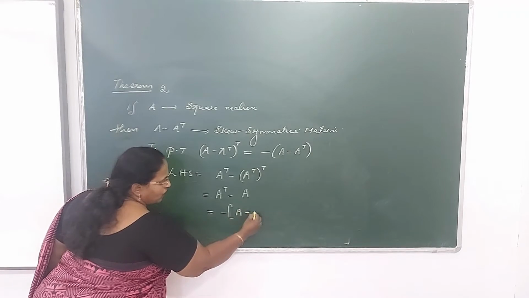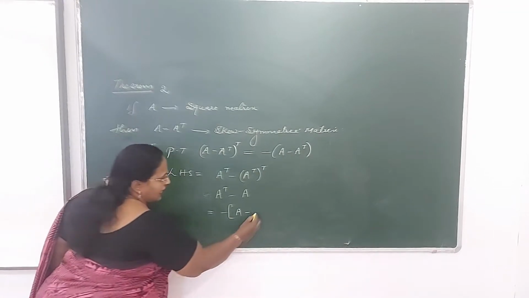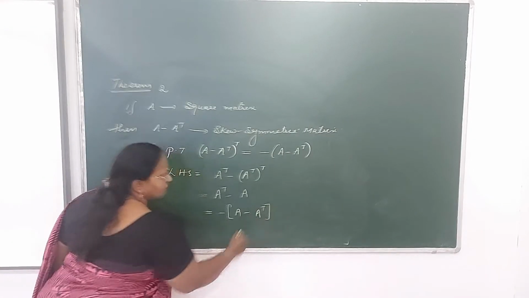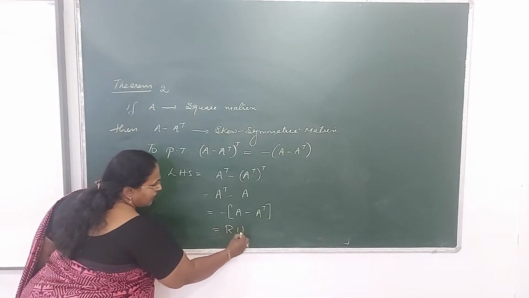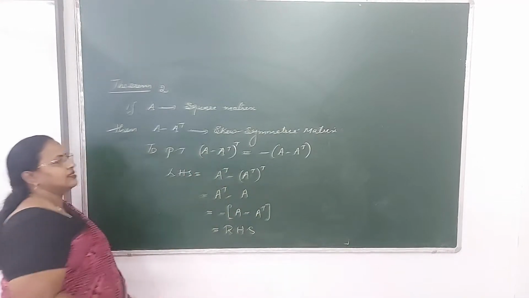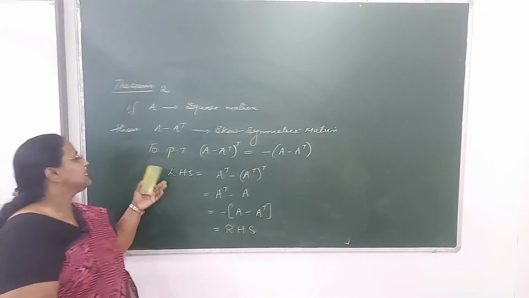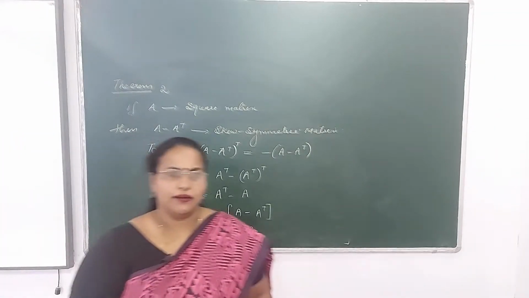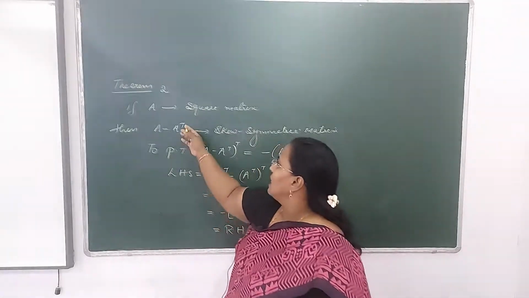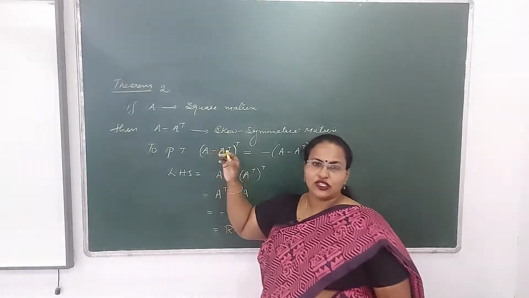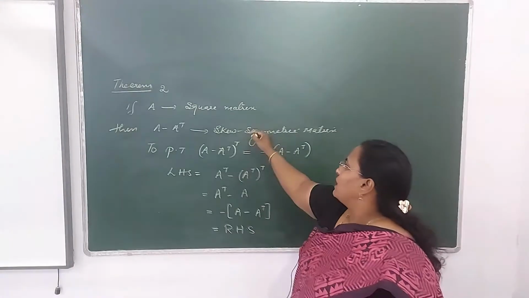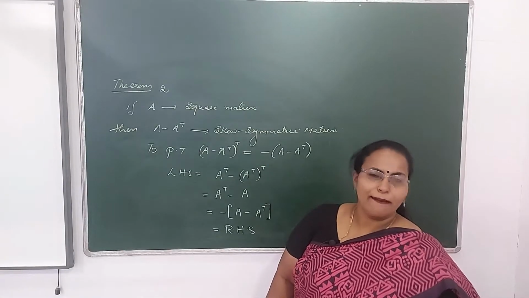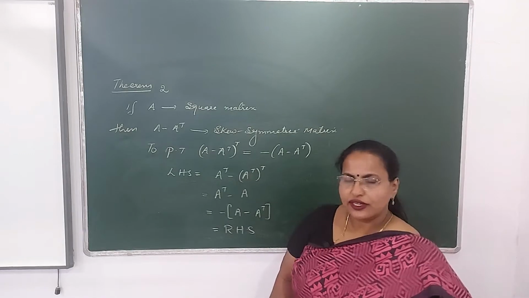So that way you will get minus of A minus A transpose. So check this. What is it? It is the right hand side. So this is the second theorem. Now what does this theorem state? That if A is a square matrix of any order, then A minus A transpose will be always a skew symmetric matrix. Okay, dear children.